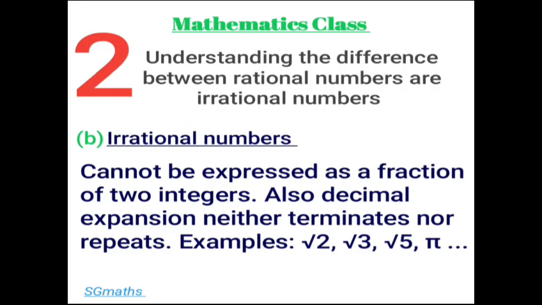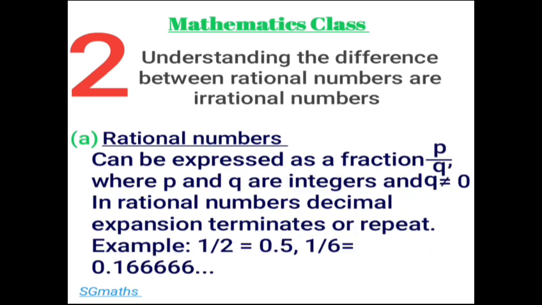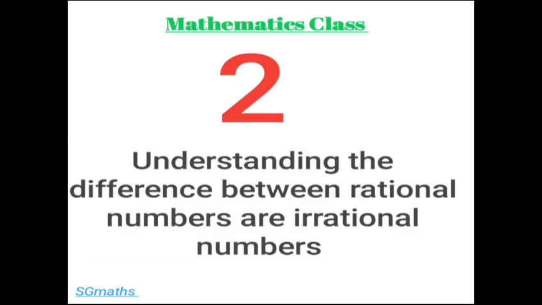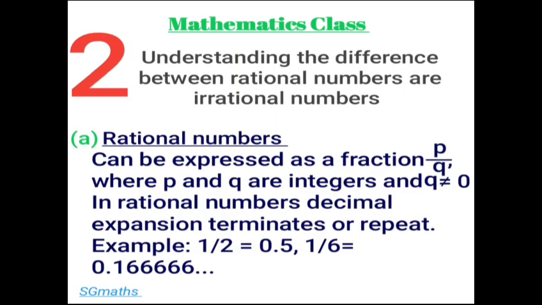If you find pi, that is 22 over 7, if you say 22 divided by 7, you will get 3.142857143, and the number still continues. It does not terminate and it does not repeat itself like 0.166666.